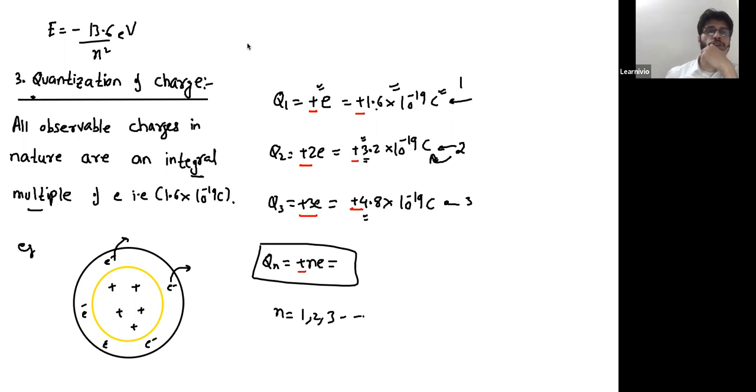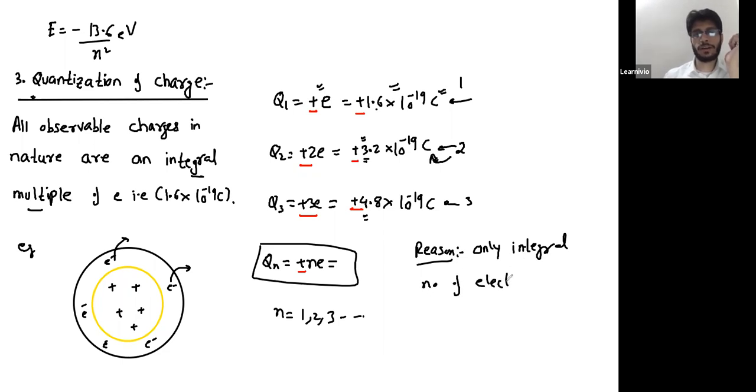What's the cause of quantization? Only integral multiples of electrons can be transferred. The number of electrons cannot be in fractions. It will always be an integer. Just note it down.